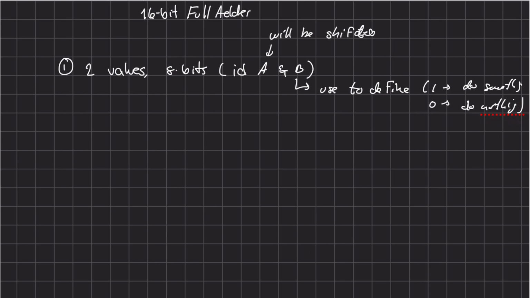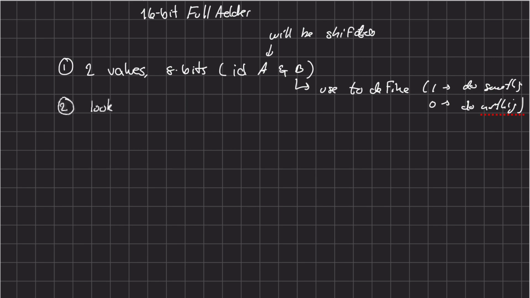So if I'm looking at the power of 0, the power of 1, the value of the bit in the bus will decide if I do something. So if it's a 1, I will add the value of A shifted, and if it's 0, I just do nothing.